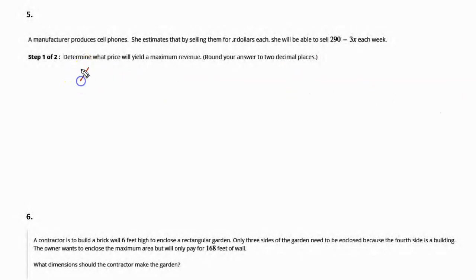So it'll be x times 290 minus 3x, which becomes, I'll write it in the standard form, a negative 3x squared plus 290x. And we want to find the maximum.